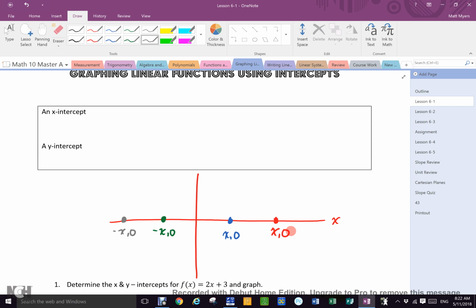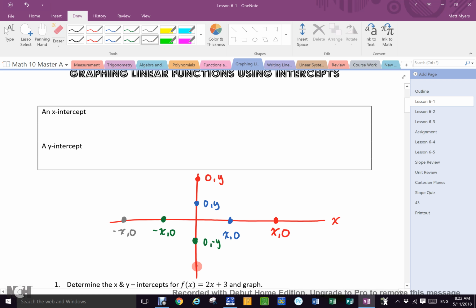Okay, you're intelligent young people. What is that point then? 0 comma y. What is that point then? 0 comma negative y.